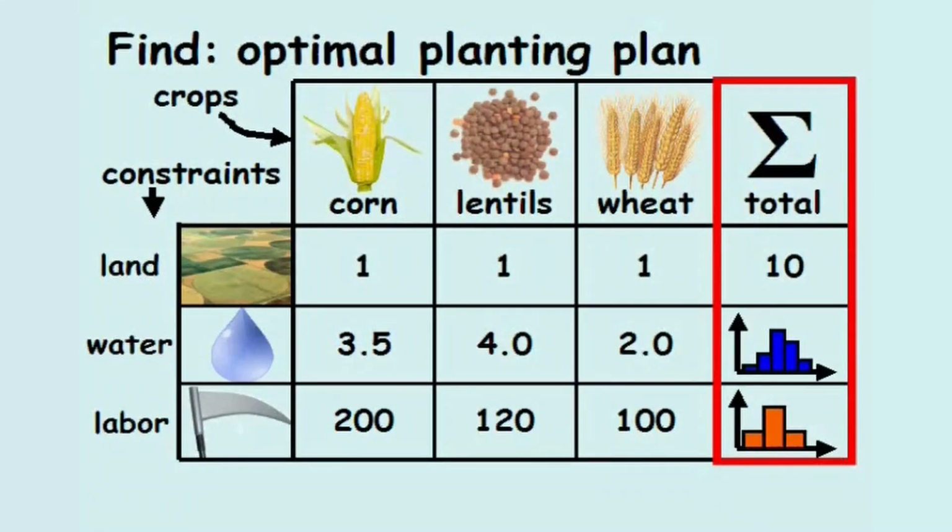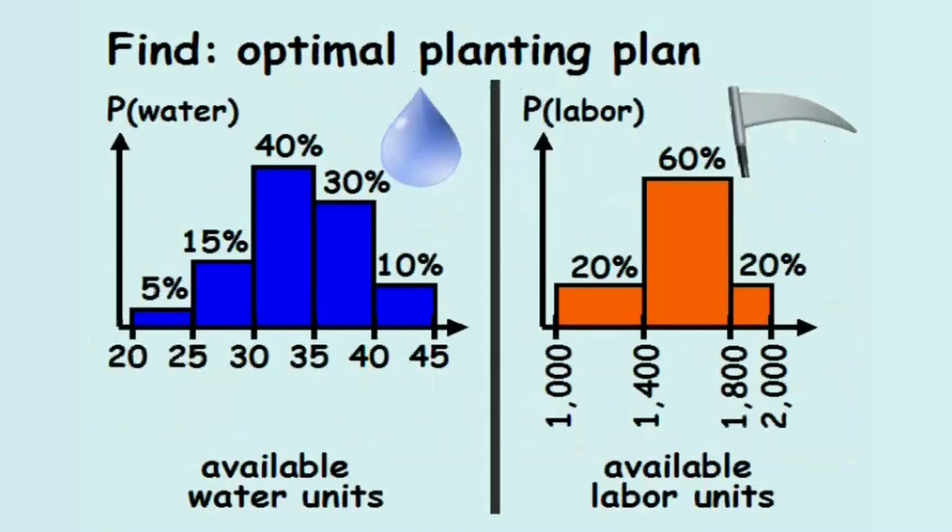The total quantity of land is 10 acres, and the total available water supply and total available labor supply are stochastic variables which have a known probability of occurrence. The expected quantities of available water and labor are defined by discrete probability distributions.